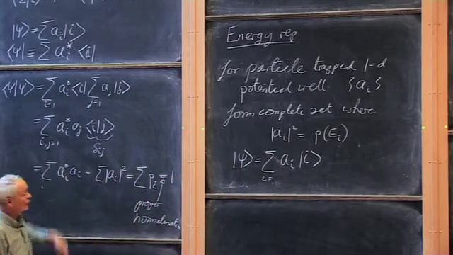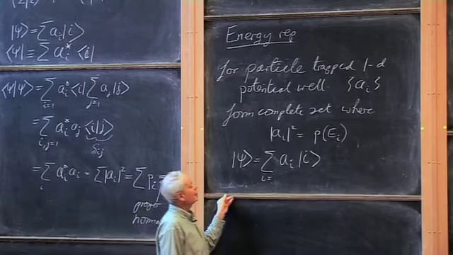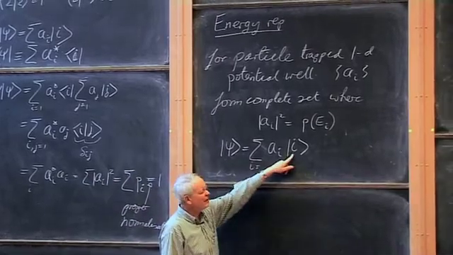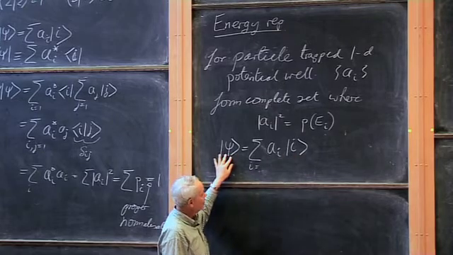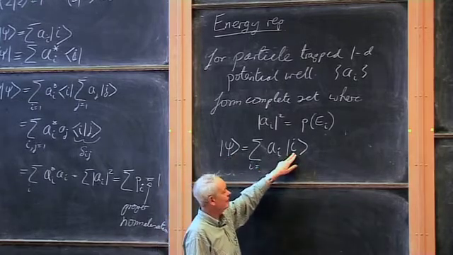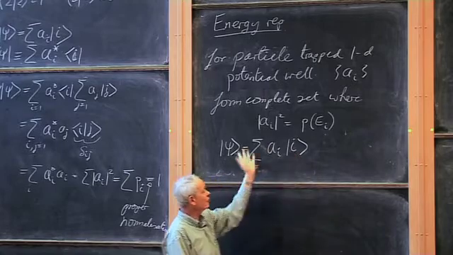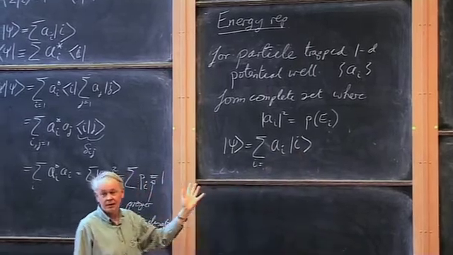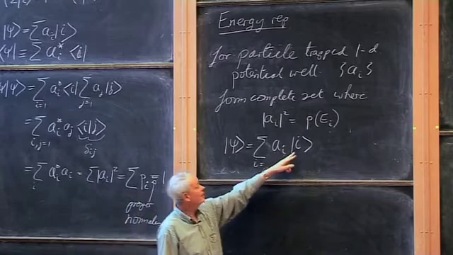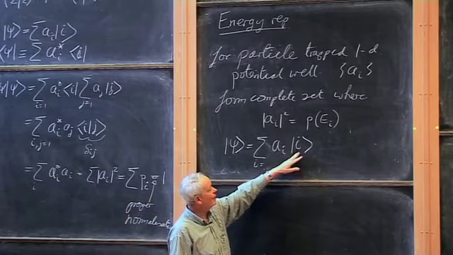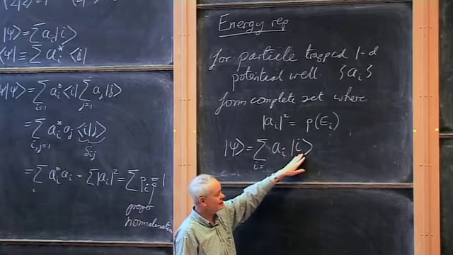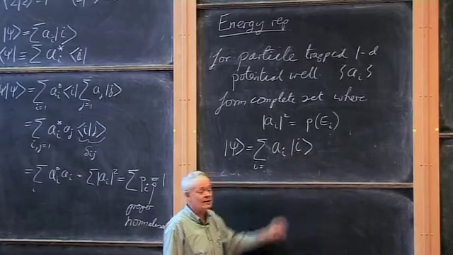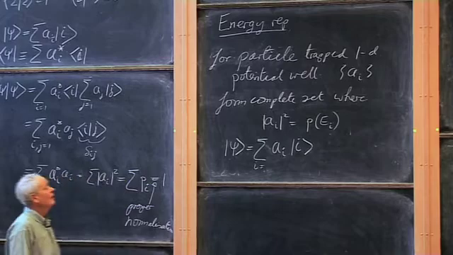That's just a repeat of what we've already done. And now let's ask ourselves, what's the physical meaning of these states? This is expressing my actual state of the system as a linear combination of some states of the system that we've conjured out of nowhere. But each one of these, according to our formalism, corresponds to a complete set of amplitudes. It's a state of the system. Now let's find out what these mean in this context.